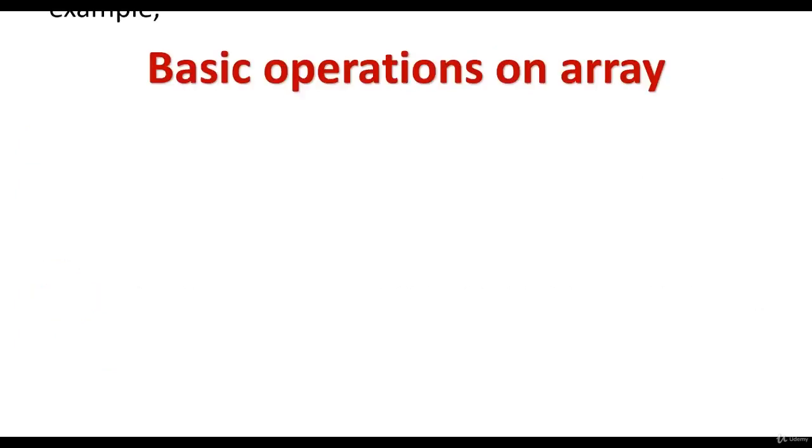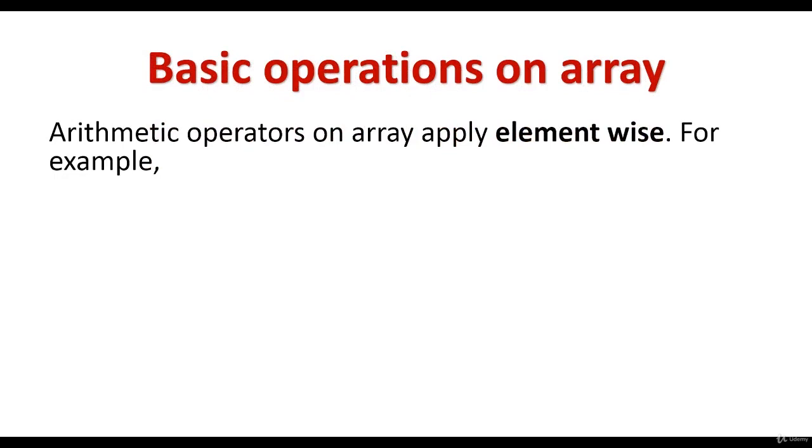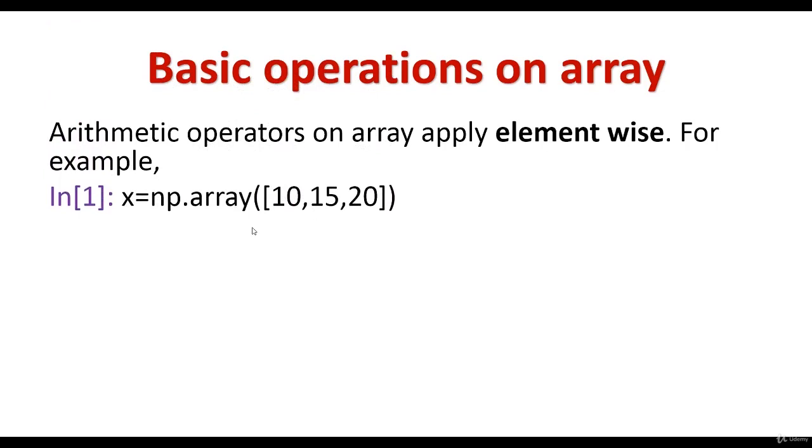Basic operations on array. Arithmetic operators on array apply element wise. For example, here I have created an array of elements 10, 15 and 20 and assigned it to variable x.